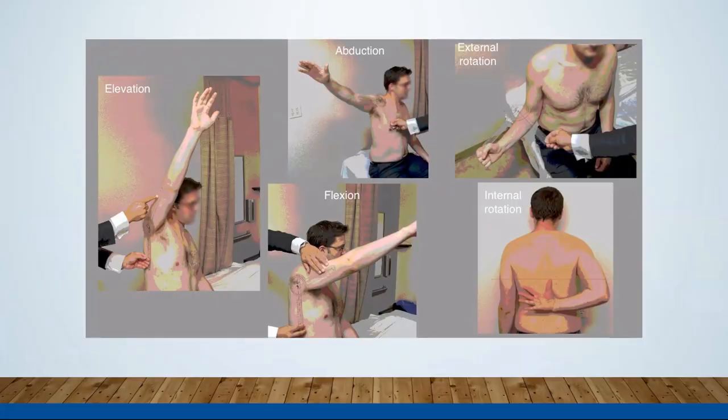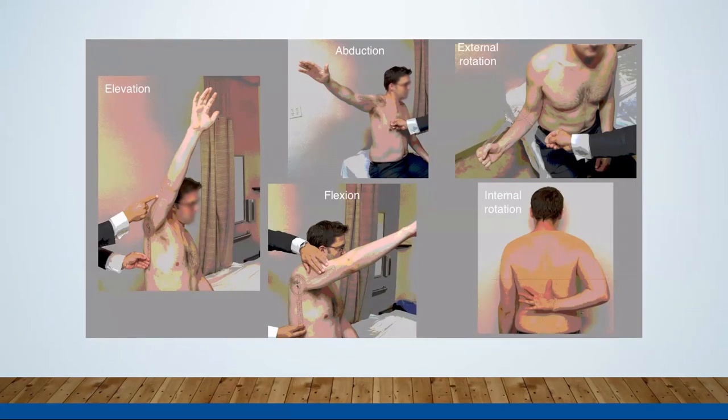When we are asked about the shoulder joint, we want to know what the humerus is doing. Let's take a look at the far left. This is considered flexion or elevation.